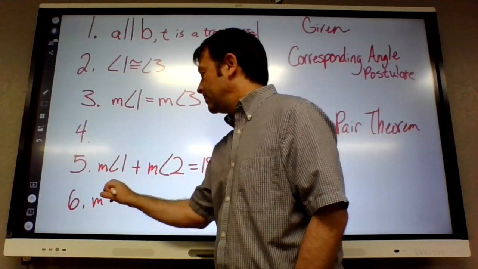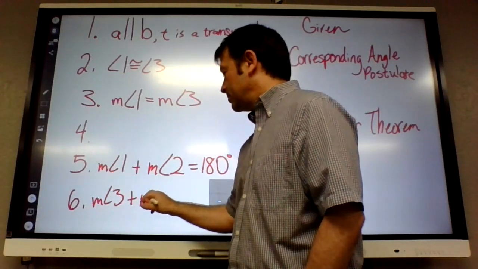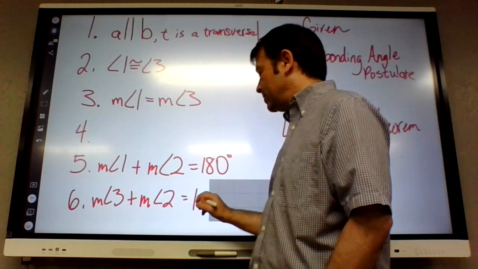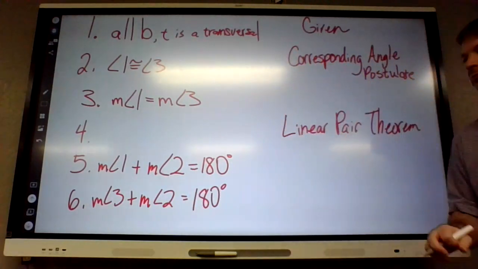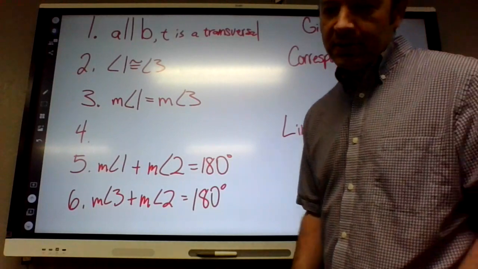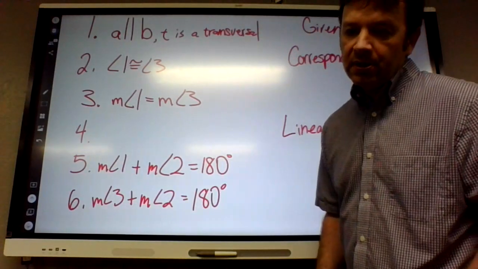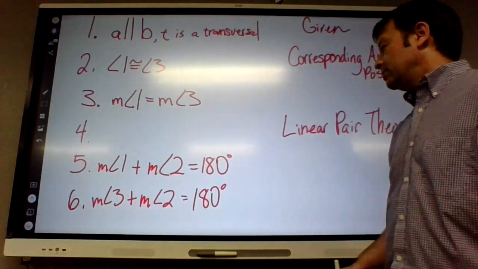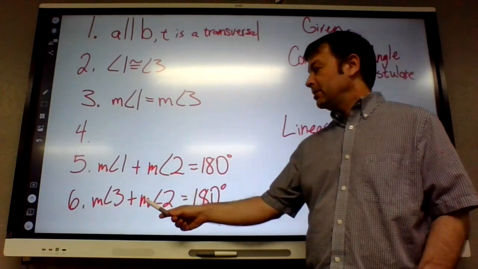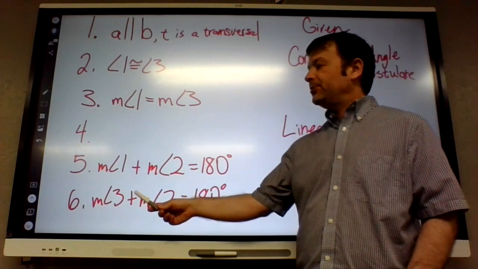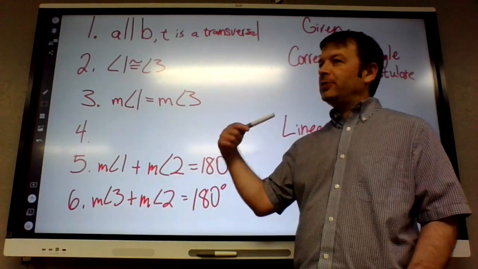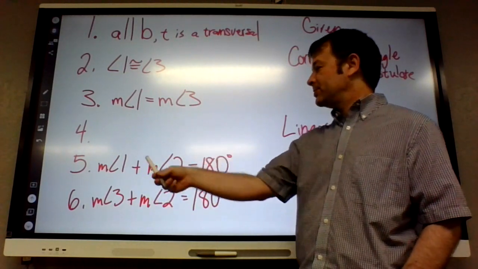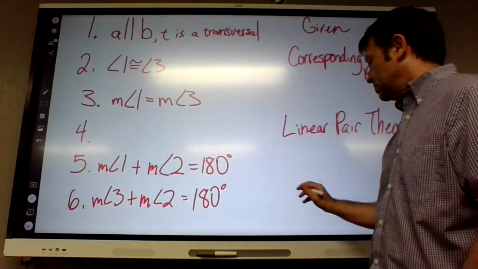Angle 3 plus angle 2 would have to be 180. Did they write that, or did I just write that? I just wrote it. Oh, they wrote that. Well, what trick did we just use, though? Transitivity, or what was the other one? Substitution. Substitution.